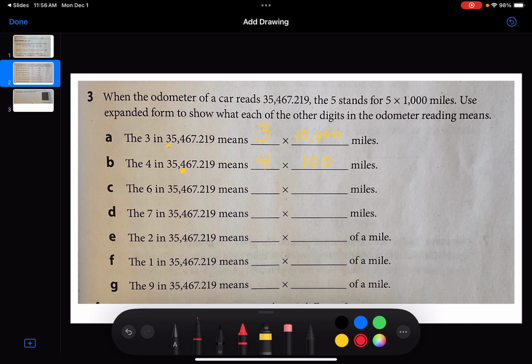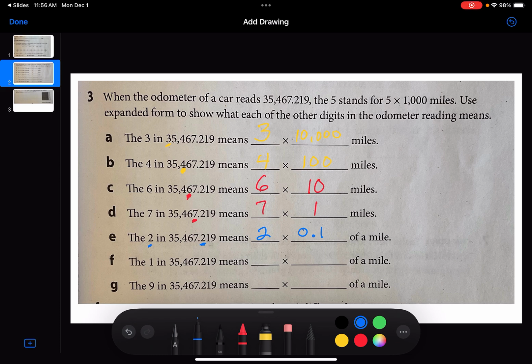The 6, let's see, here's the 6. It means 6 times 10 miles, because the 6 is in the tens place. The 7 is in the ones place, so that means 7 times 1 miles. Now we're moving into decimal valley. So the 2 is right here, and the 2 is in the tenths place, so that means 2 times 1/10.